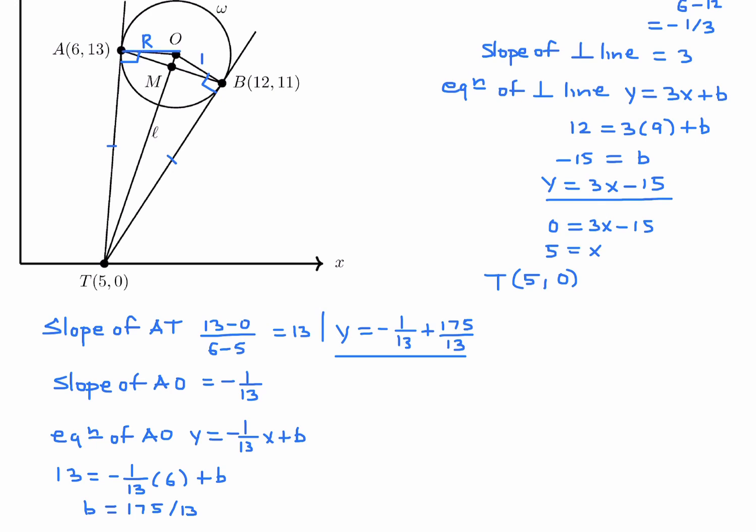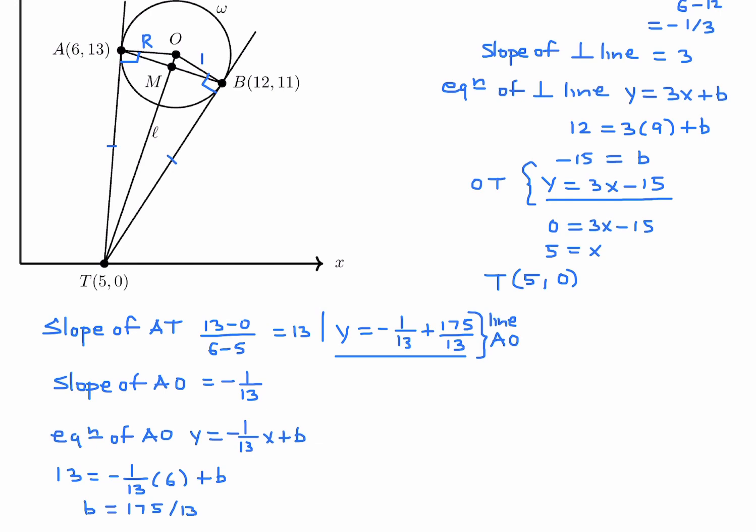Now, we have AO and we have this line, OT, I guess. And the equations are as follows. This was the equation of line AO. And this one right here was the equation of line OT.